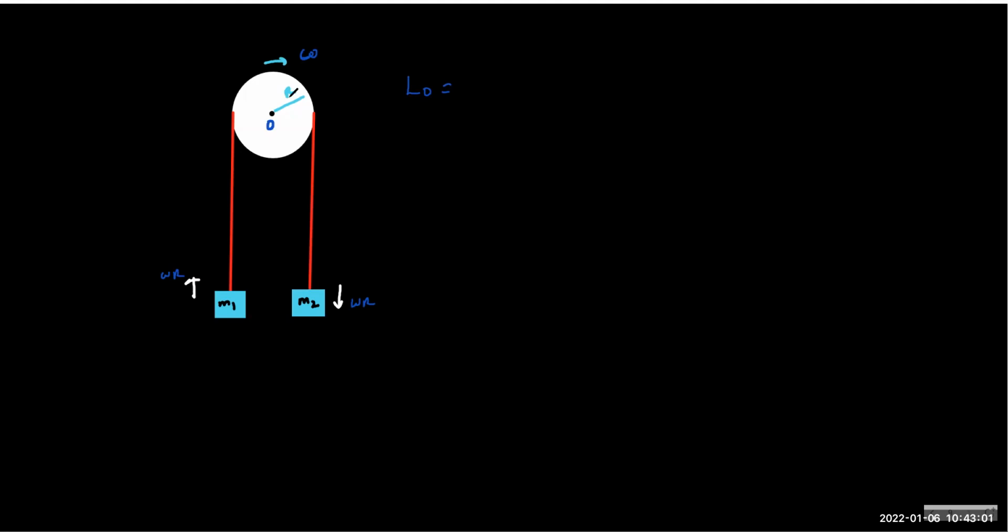And the angular momentum of this disk, or this pulley, we must write. So let's say the moment of inertia is given as I. Now tell me what is L naught. It's not very difficult. Tell me guys.